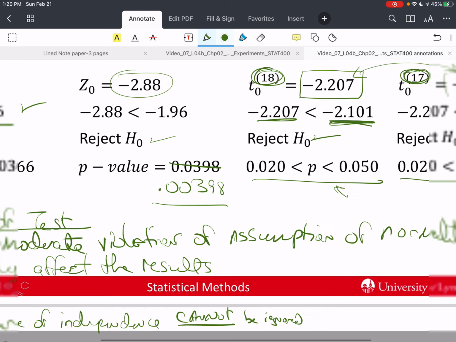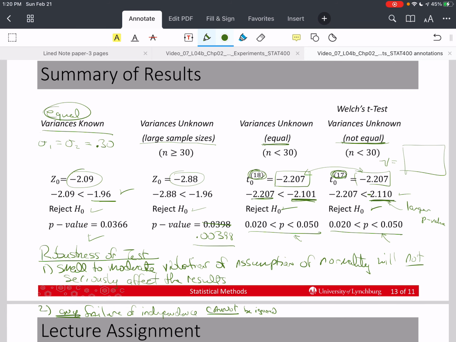Okay. So if we assume that these are normally distributed, then to have independence, R must be close to 0. If it's not close to 0, then, well, okay, let's be careful with this. Over time is what we're talking about. So we should not see a trend over time. Okay? They should be independent. And how we can get rid of this is by randomizing the order in which the batches are run.